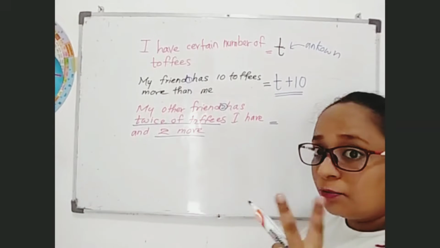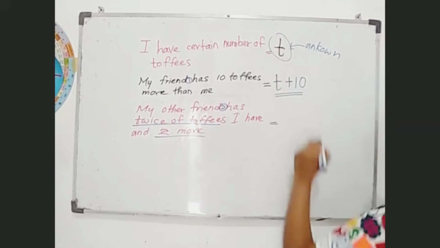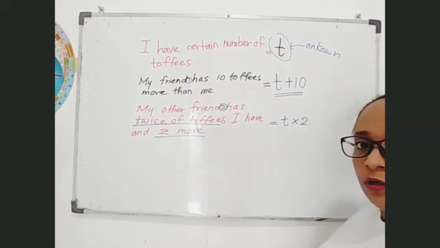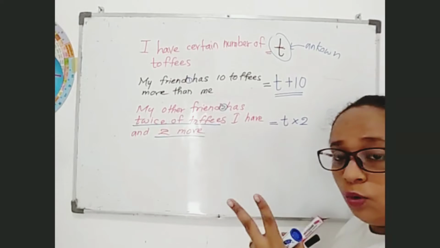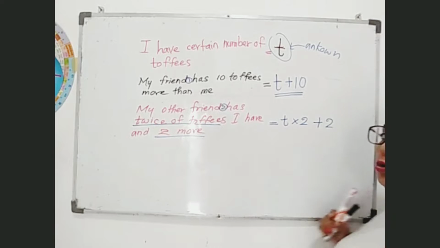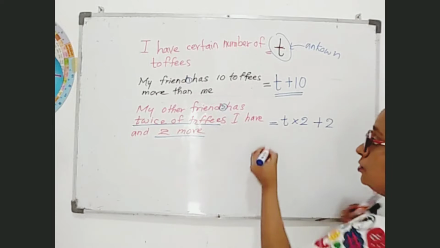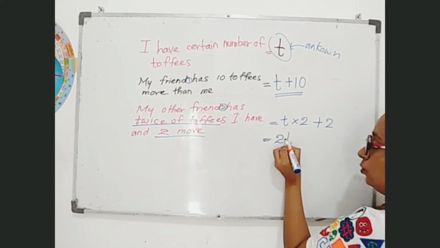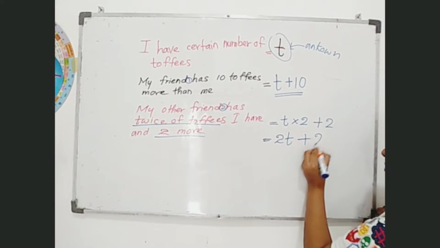He has double what I have, and 2 more. So twice me means, I have T, so T I have to multiply by 2. Twice, and 2 more. That means I have to add another 2 here. So T into 2, we can write it as 2T, plus another 2. So plus 2.